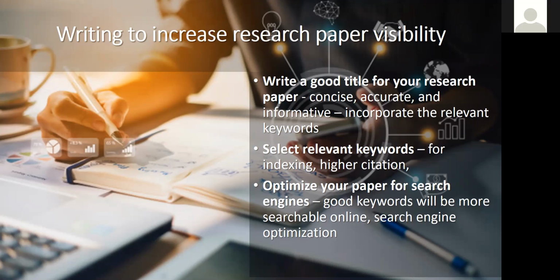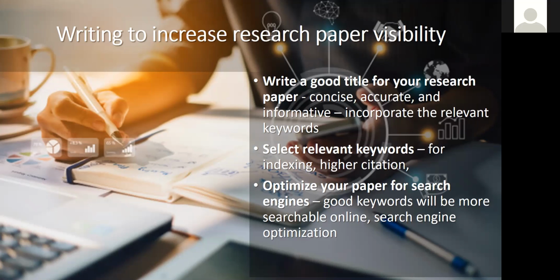Research has shown that a strong correlation exists between online hits and subsequent citation for journal articles. Meaning, if your article is not discoverable in the first place, then the probability of being cited is going to be very slim. So the keywords become important, and how you choose your keywords is just as important.